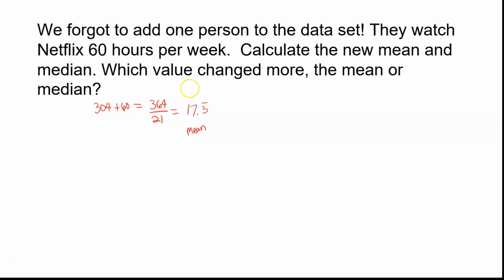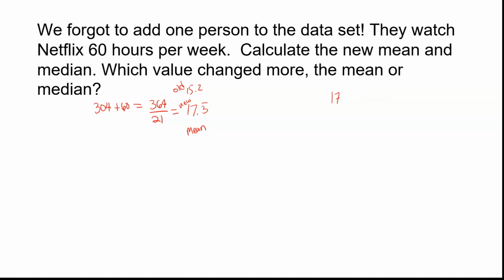So our average is going to change. Our old was 15.2. Our new is 17 and a third. So that was a change of about 2 hours. The median, however, if you remember, we had 20 points of data, and in our 10th and 11th points of data, we had 17. Well, if we have 21 points, it just means that we look at the 11th number in our series.